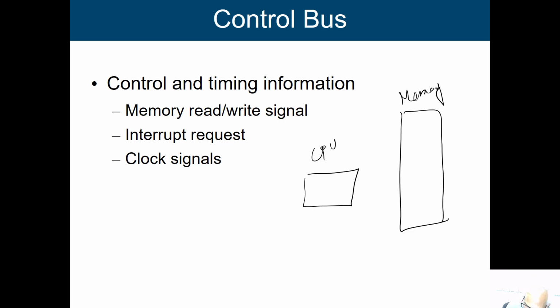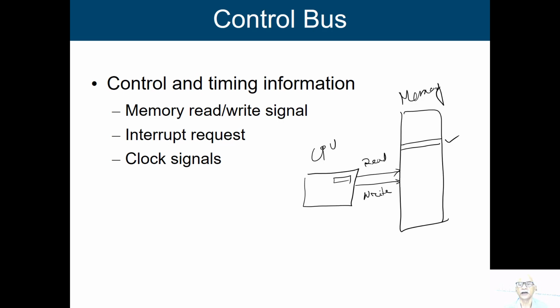Sometimes we have to bring information from memory, and that is the memory read. This read control signal indicates that we have some information in a particular memory location, and from that location we are going to bring it inside the processor. Similarly, I may have another control signal, say write.